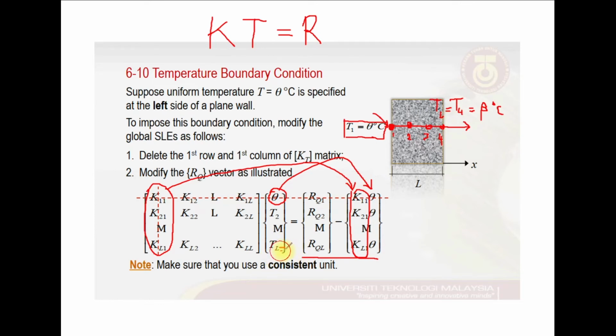So here actually will be equal to the beta value, which refers to the temperature at point number 4, or equal to TL. In this case, similarly, once we know the value of the temperature beta, then we can eliminate the row and column for the last nodal point, representing the point that resides on the right face of our plane wall.